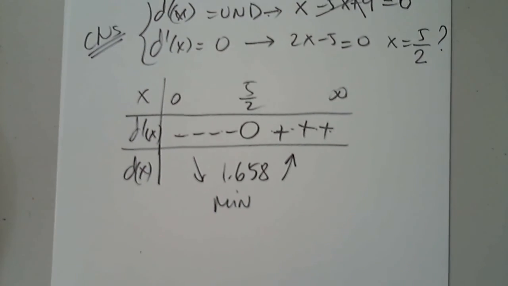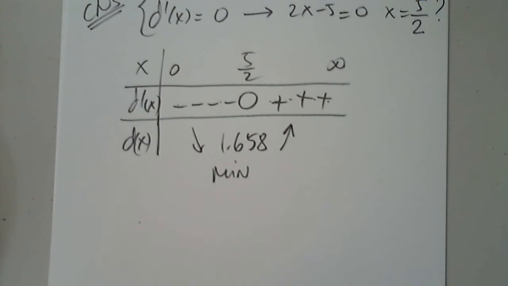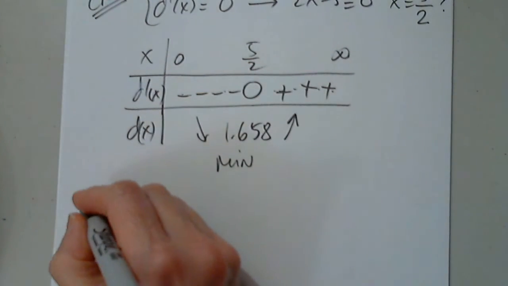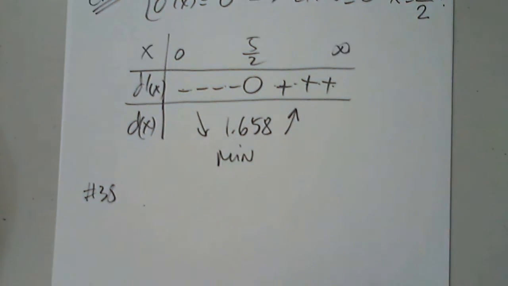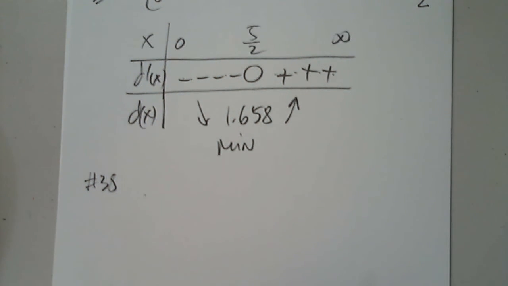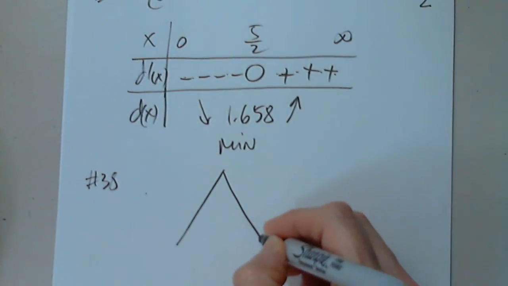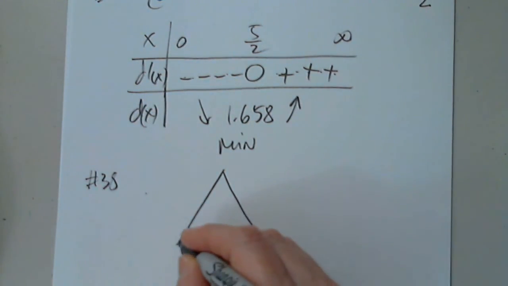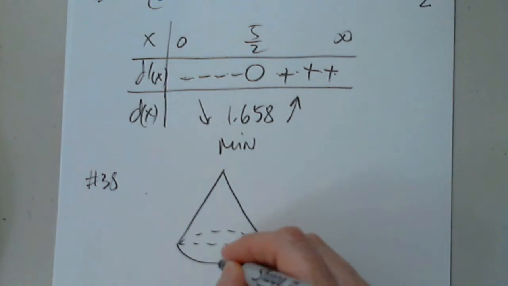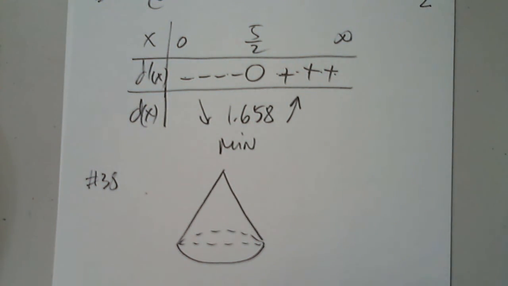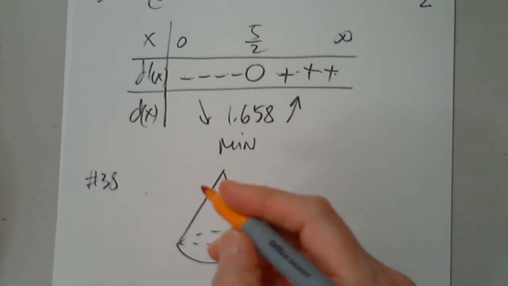So let's think for a moment. Let's just look at the graph and then decide if we want to work on this problem. So I'm just going to draw it and you'll let me know. So in 38, we have a right circular cylinder inscribed in a cone. So here's the cone, and the cylinder is inscribed inside right here.